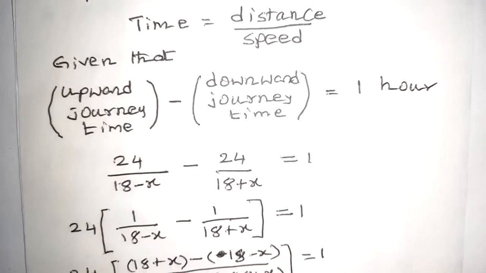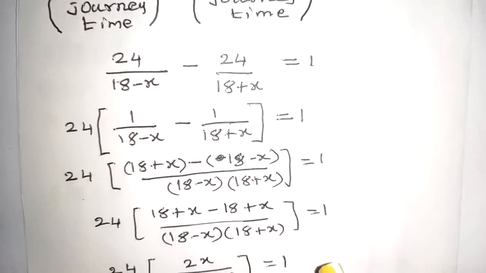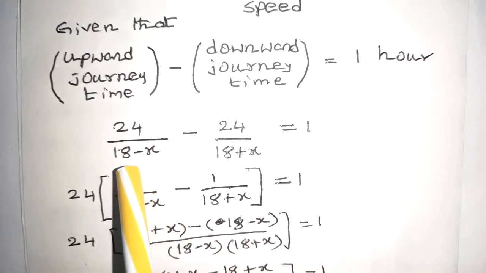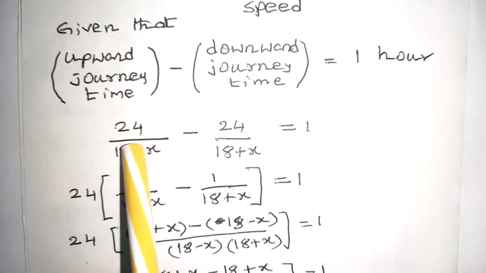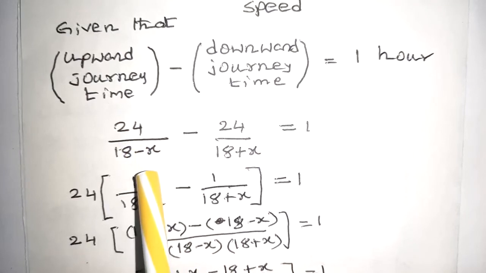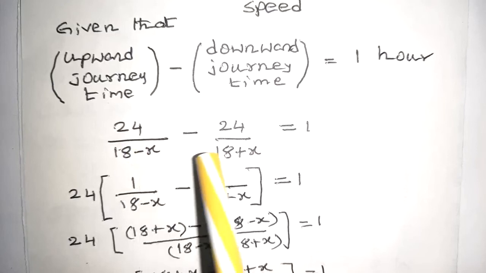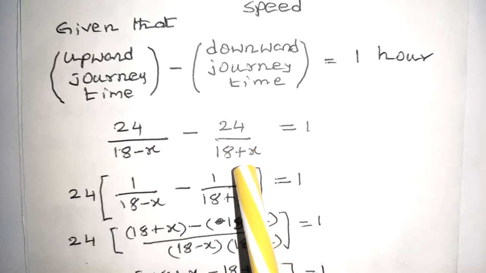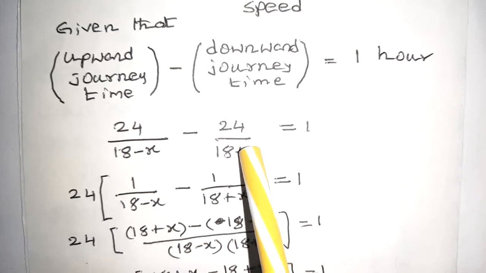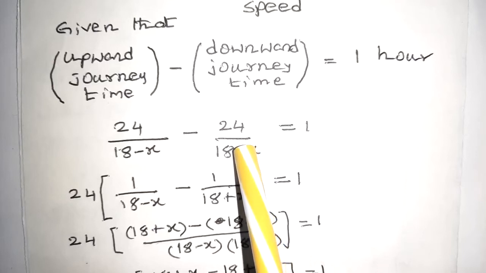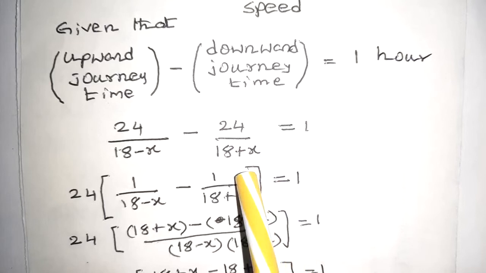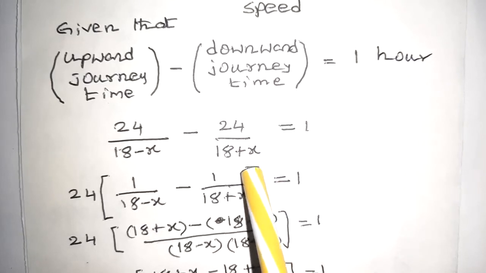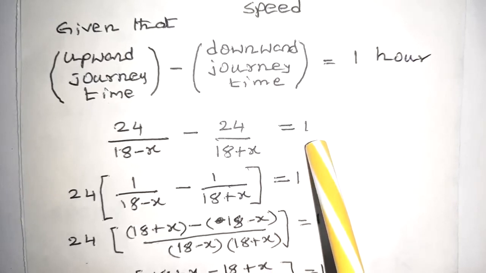Therefore, time equal to distance by speed. Distance 24, speed 18 minus x in upward direction. Time equal to distance by speed. Distance is 24 kilometers in downward journey. Speed is 18 plus x in downward journey. The difference is 1 hour.